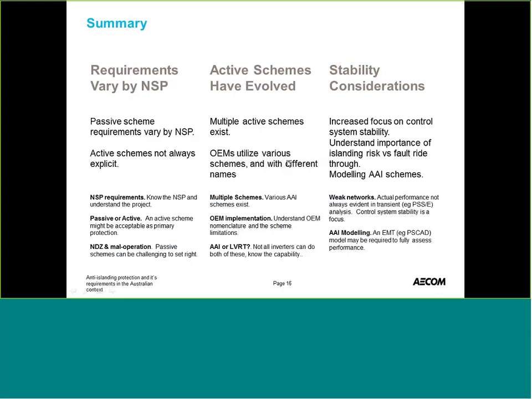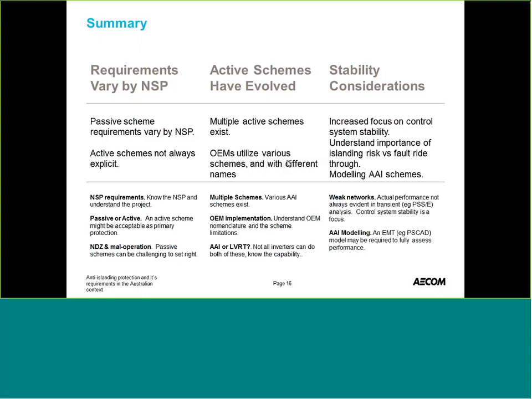So in summary, we found that the requirements do vary by NSP based on the anti-islanding requirements that they have. Passive schemes vary. Active schemes are not always explicit, so it's not clear if they're required.